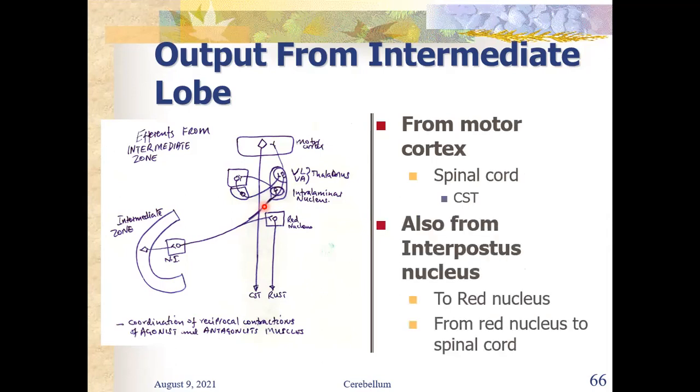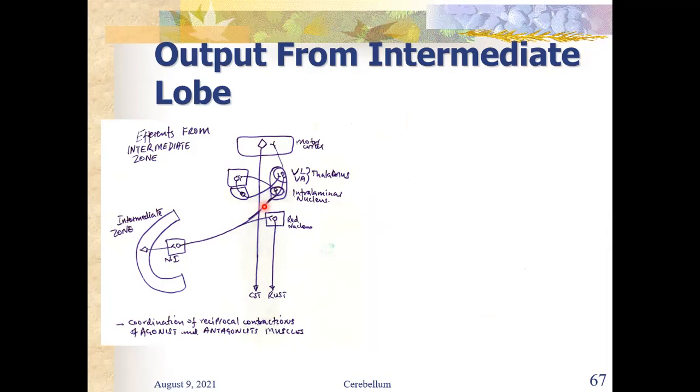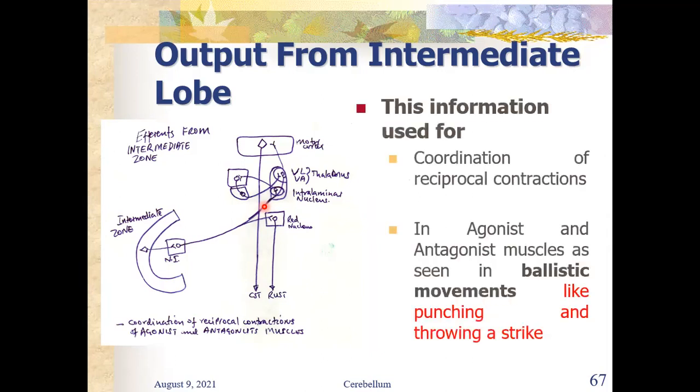We can see such coordination in ballistic movement. For example, in punching, if someone wants to punch another person, that's a type of ballistic movement. So that type of movement is controlled by the output from the intermediate lobe.